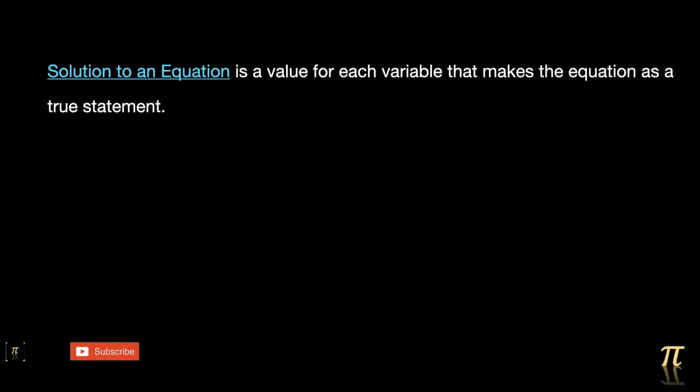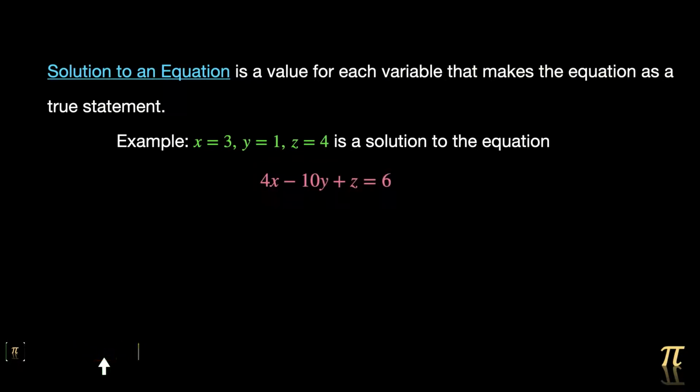A solution of an equation is a value for each variable involved in the equation that makes the equation a true statement. For example, suppose we have the equation 4x minus 10y plus z is equal to 6. We say that x is equal to 3, y is equal to 1 and z is equal to 4 is a solution of this equation.